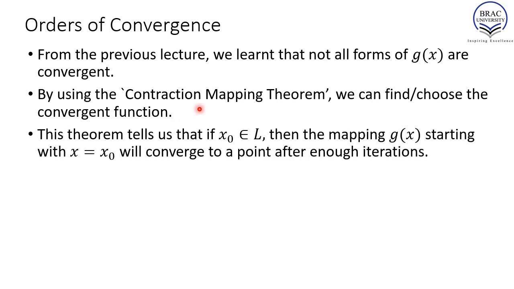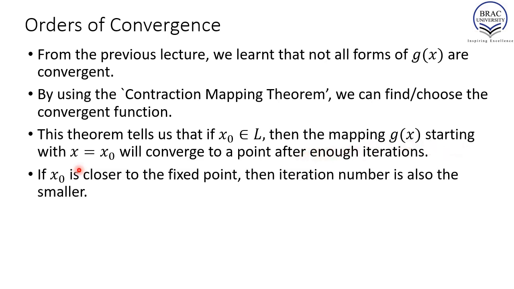This theorem, the contraction mapping theorem, tells us that if x naught is in the contraction length, meaning x naught is the initial point to start the iteration, and L is the contraction mapping length that we defined in the last lecture, then the mapping g of x starting with x equal to x naught will converge to a point after enough iterations.